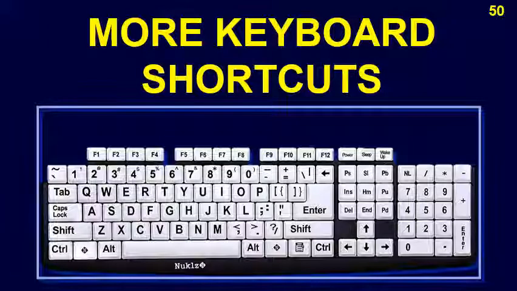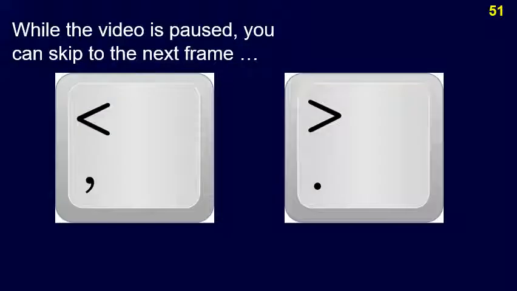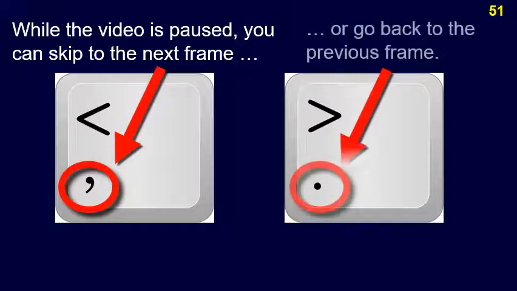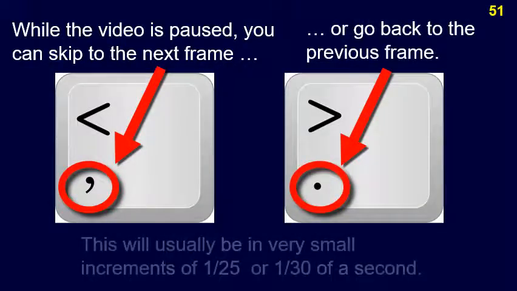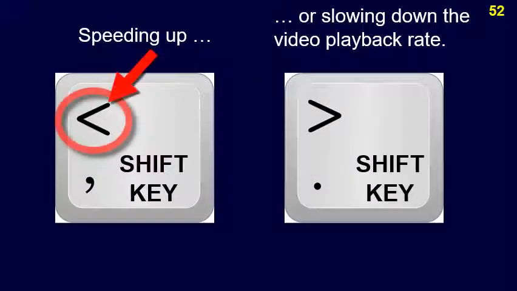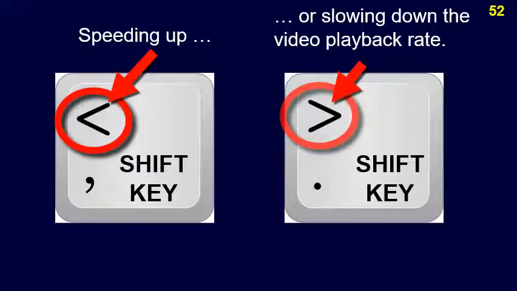More keyboard shortcuts. While the video is paused, you can skip to the next frame, or go back to the previous frame. This will usually be very small increments of 1/25th or 1/30th of a second. You can speed up or slow down the video playback rate.